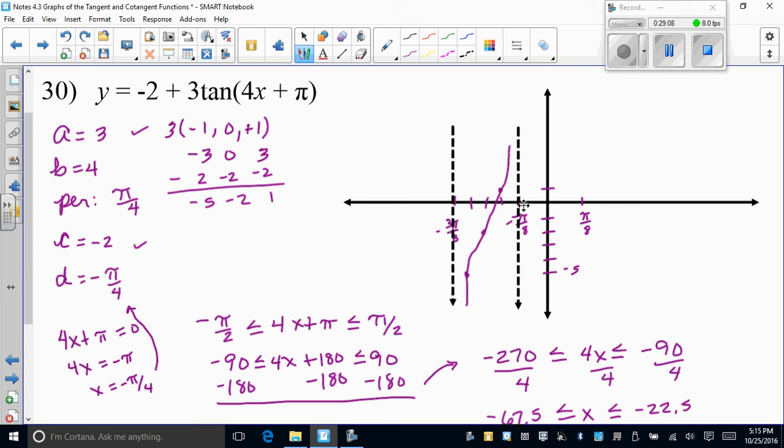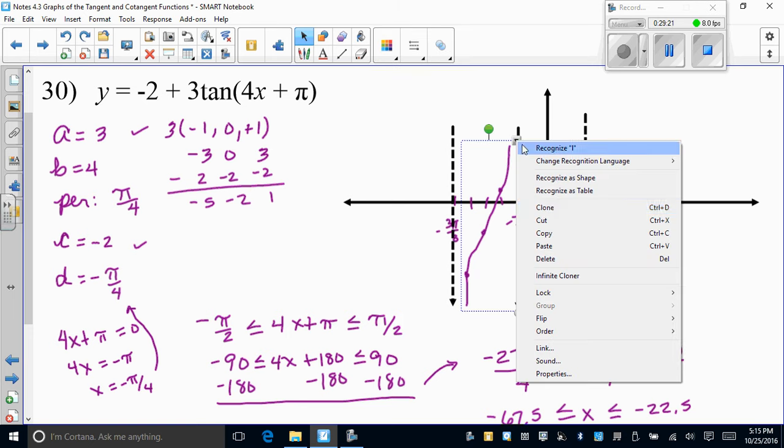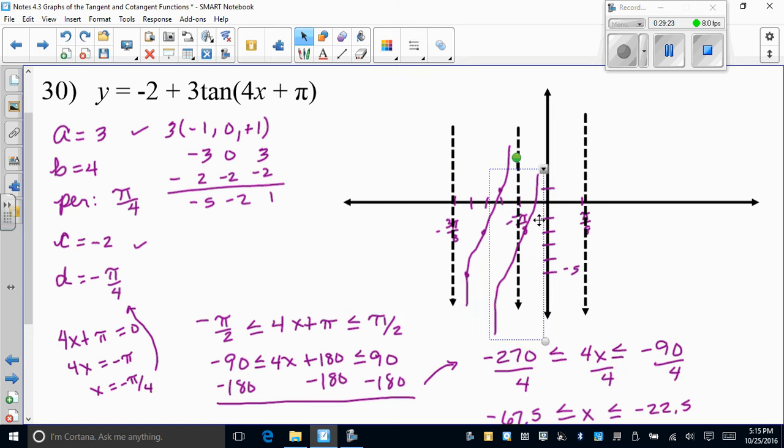So my other vertical asymptote goes here. And then I get to cheat. You guys unfortunately cannot. I can clone this thing to bring my graph over where it's supposed to be. And then we get the duplicated graph.